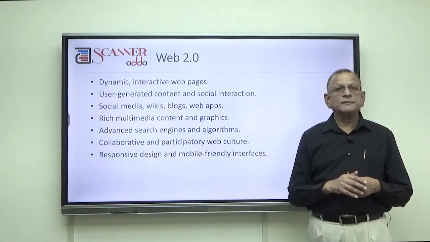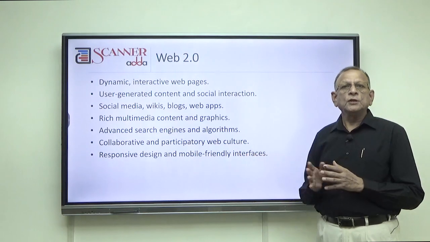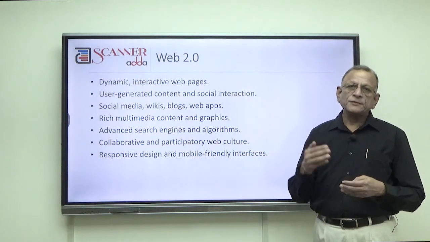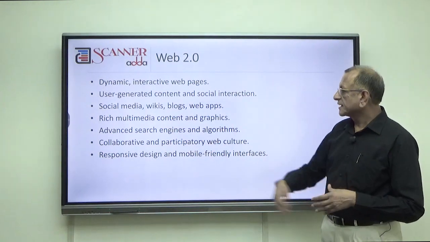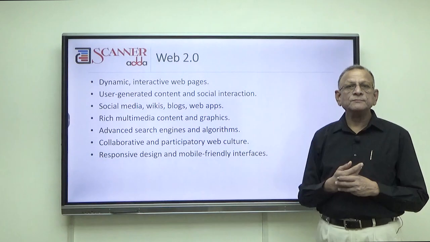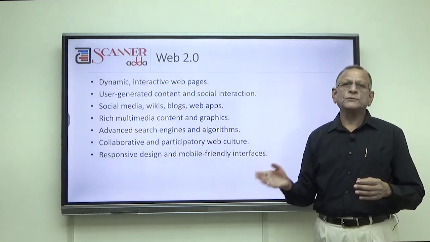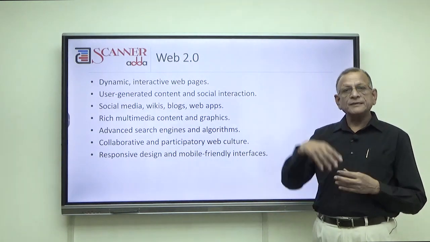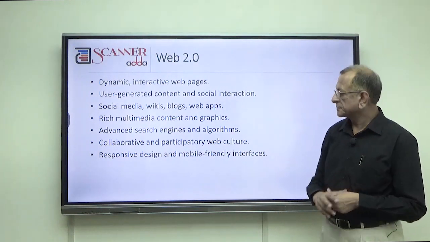Rich multimedia content and graphics were being used in this Web 2 because the capacity of the internet increased. The capacity to carry the data of internet improved and increased. Advanced search engines and algorithms. So now we are having advanced search engines, not like Google of the present day, but advanced search engines and directories were there and algorithms were being used.